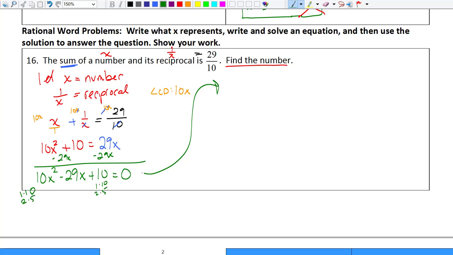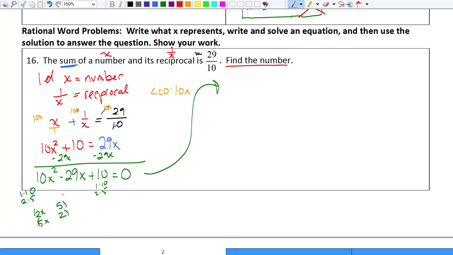Let's try 2x and 5x because I usually like to try the two that are closest together, and then 5 and 2. I don't want the 5's next to each other or the 2's next to each other because that would mean that there's a GCF. And there isn't a GCF between 10, 29, and 10.